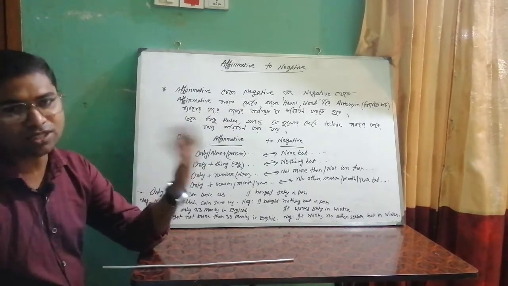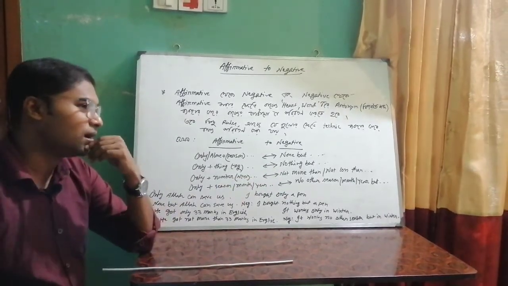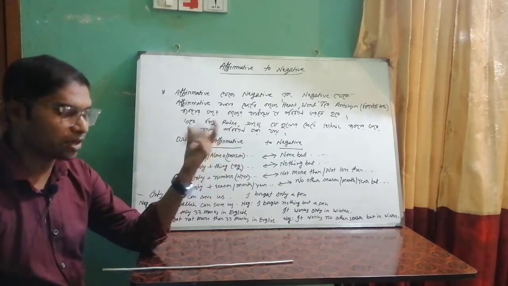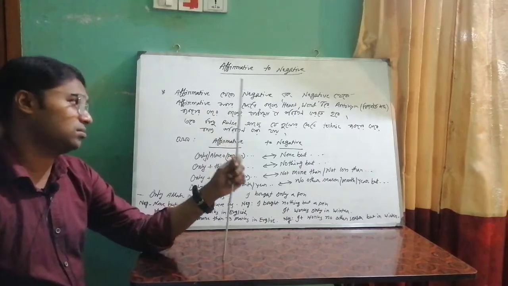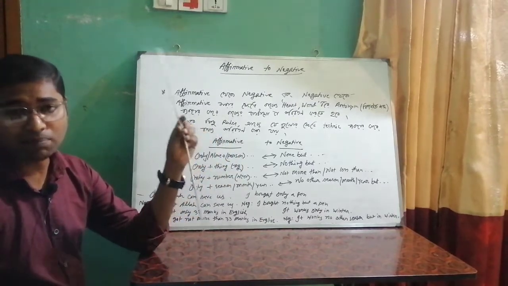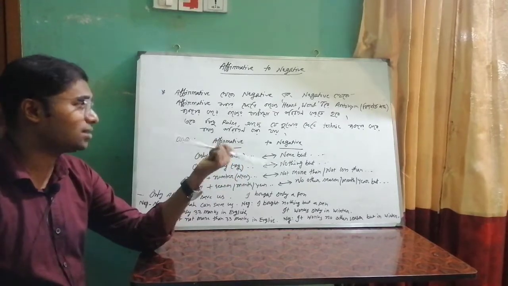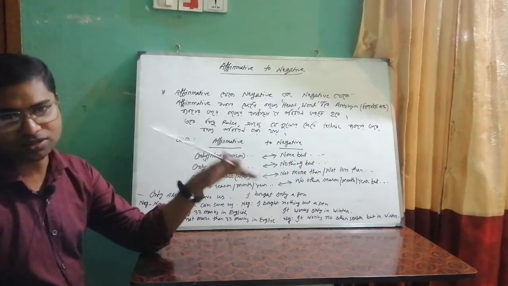Then you have to change the structure of the sentence, and you'll be able to get the correct sentence here. There are some rules and techniques that can be applied to change the structure of the sentence, and I'm going to discuss these techniques today.